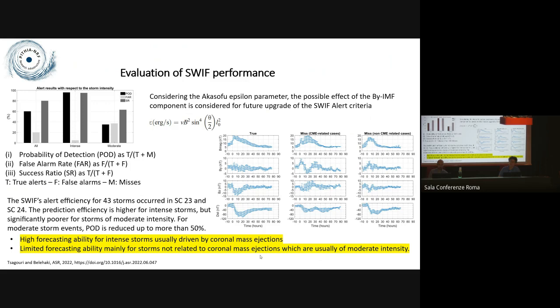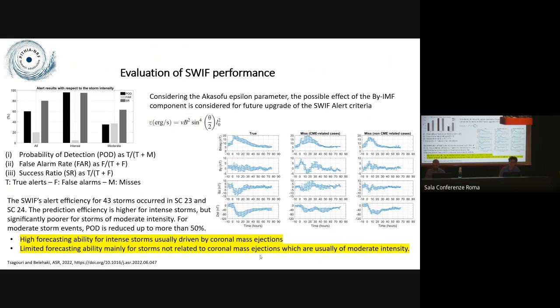We have seen that because Swift is developed based on the analysis of storms that occurred from 1980 until 2000, the performance of the model is weaker when the geomagnetic storm that drives the ionospheric storm is not very intense, and it's also weaker when the driver is not a coronal mass ejection, but a high-speed solar stream.